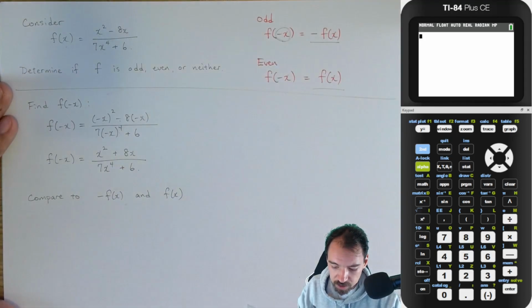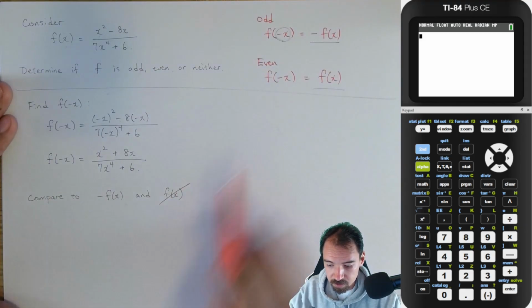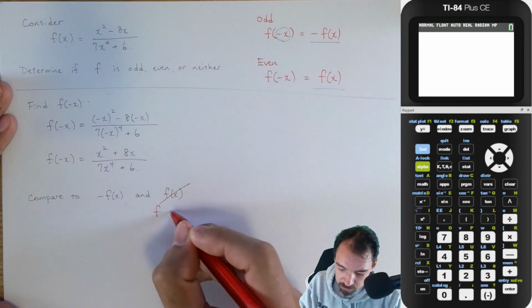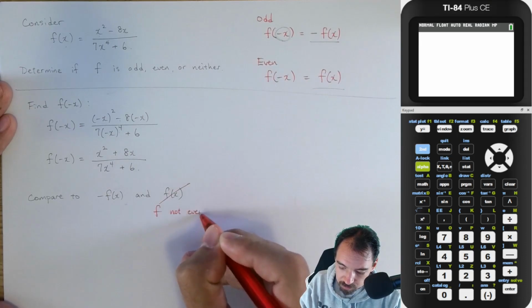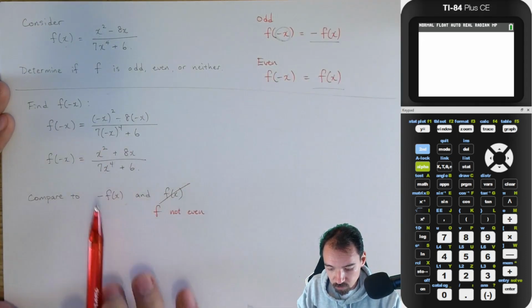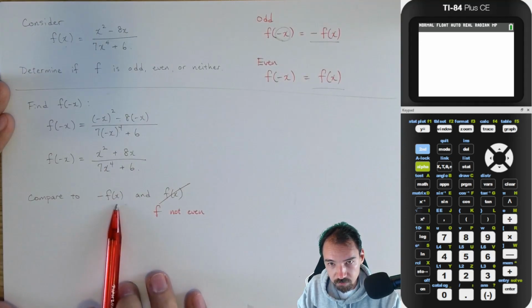So I understand that this is not the same as the original f of x. So this is not true, which means f is not even.